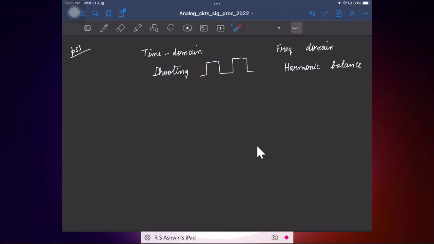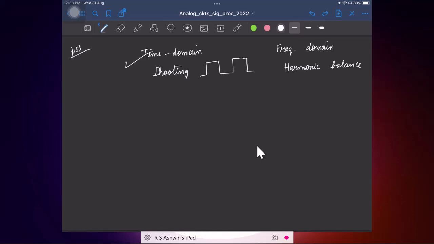You need infinite harmonics in practice, right? So obviously it makes sense that if you have abrupt jumps like this, you use shooting, and when you have slowly varying smooth transitions, then you could resort to harmonic balance. And today I'll just discuss shooting. Probably later in the class I can discuss harmonic balance.